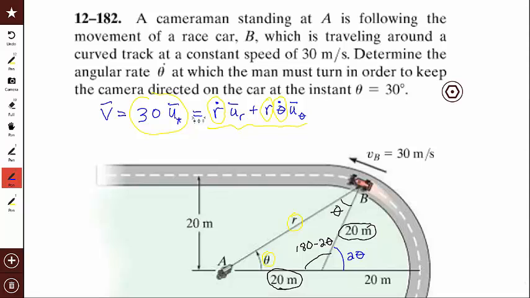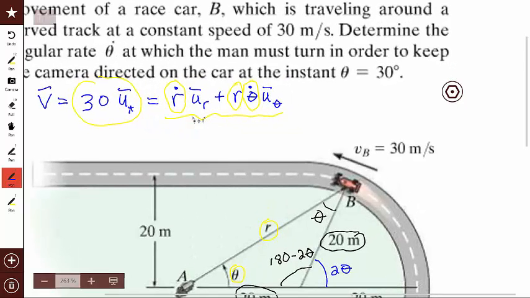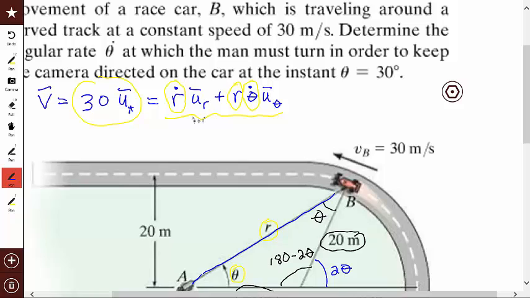Okay, so I need to find out where the u_r, the u_theta, and the u_t's are. So I'm going to just draw a picture on here, and we'll zoom in a little bit. The u_r is found by starting, because I'm measuring r and theta from here, so I'm going to draw the line straight out from that origin, and that is my u_r direction.